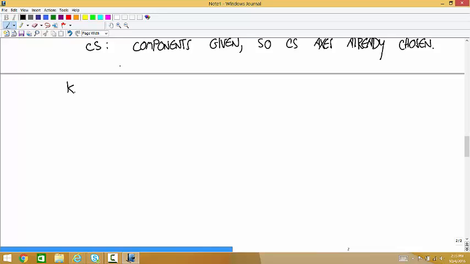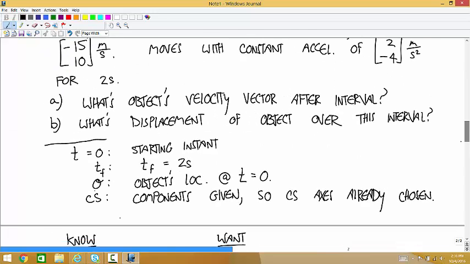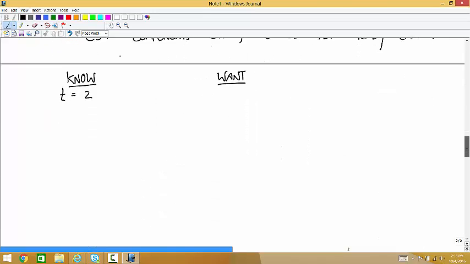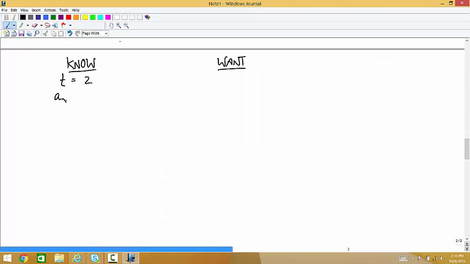Okay, so now we'll list what we know and what we want. Do we know time final? Yep, that's given. Do we know the acceleration components? Yes. Those are given. 2, negative 4. So AX is 2, and AY is negative 4.